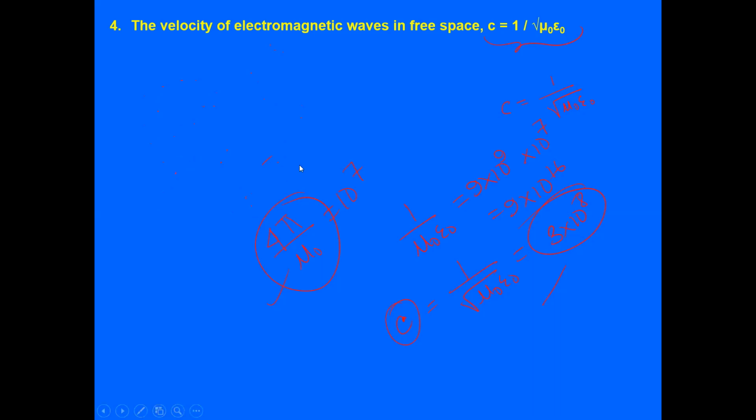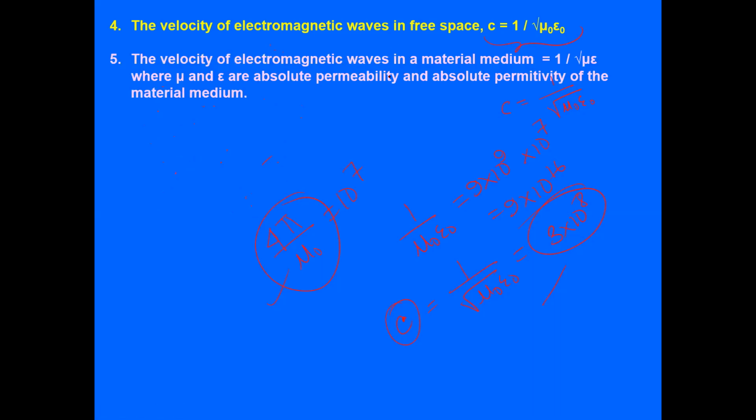Next, the velocity of the electromagnetic wave in a material medium will be 1 by root over mu epsilon. That means it will depend on the medium. When those values are mu 0 and epsilon 0 in free space, that is the velocity of light, which is c, 3 into 10 to the power 8. But in other media, other materials, the velocity will be reduced to some value depending on the absolute permeability and the absolute permittivity of the material medium.